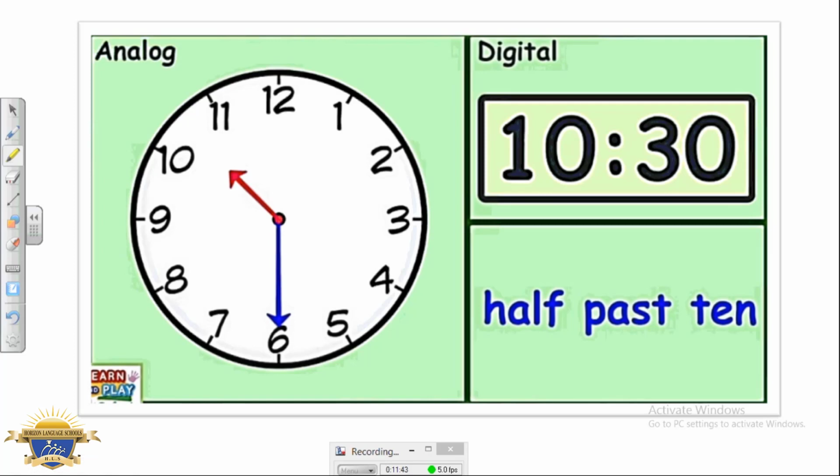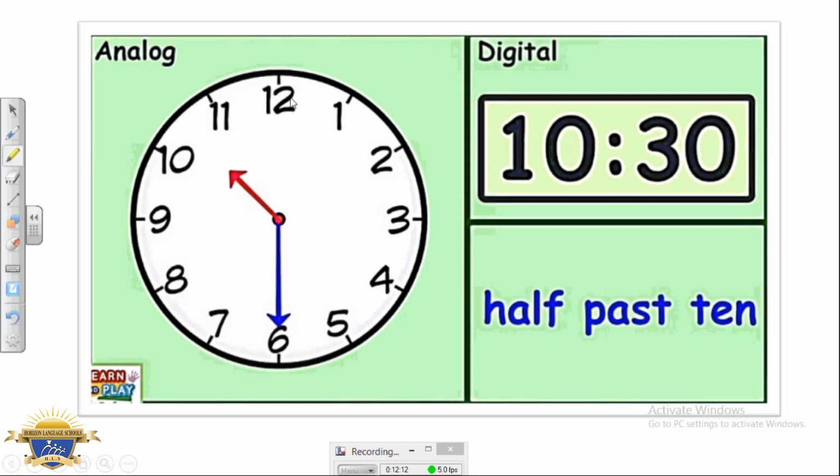Again, the analog clock tells me that the hour is 10 and the minutes is 30, right? So it's 10:30. It's half past 10.